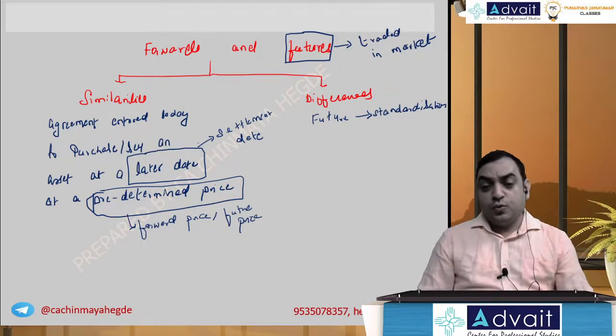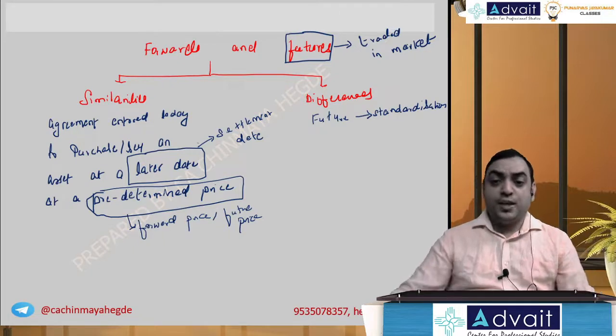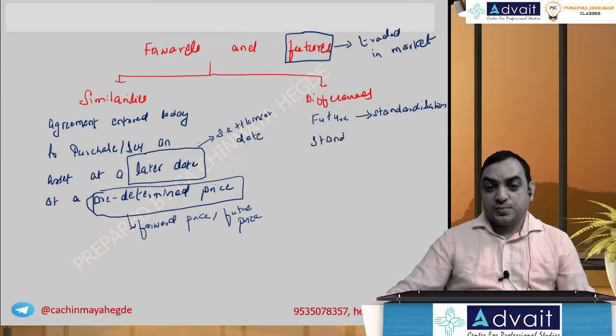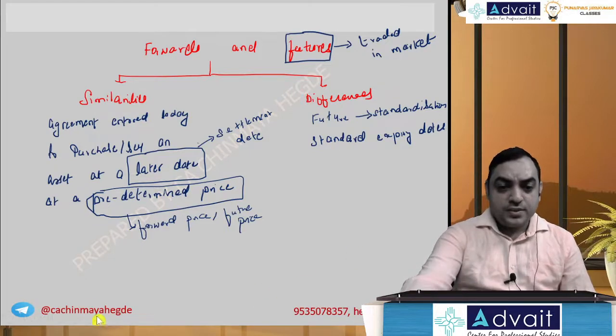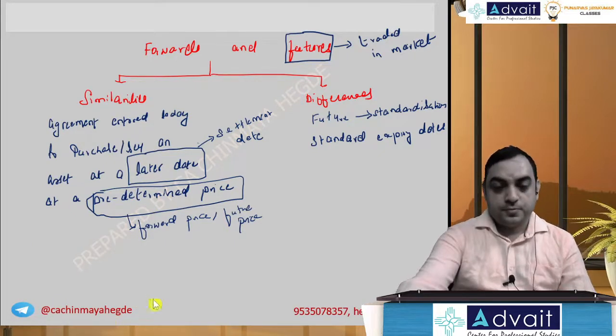What are the standardizations? Many are there, but I'll give you one example. One is standard expiry dates. See if you are able to understand. Directly I'll go to the website.